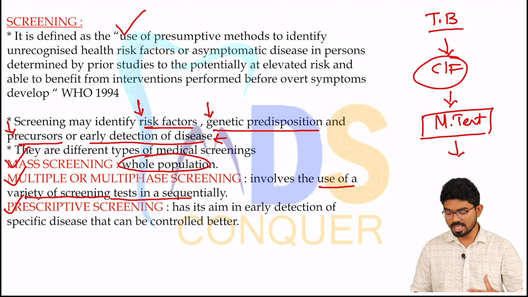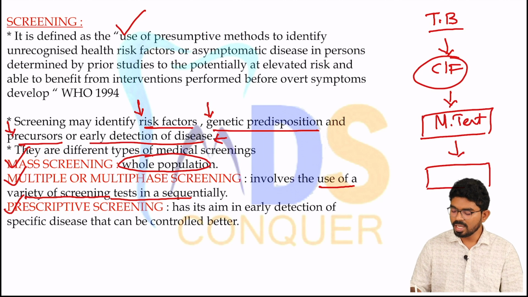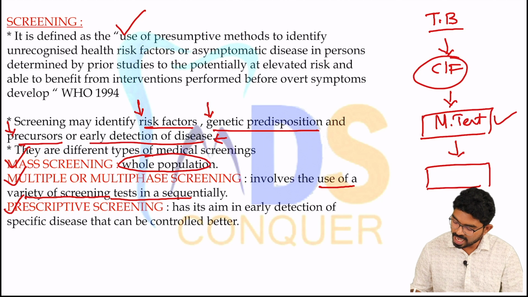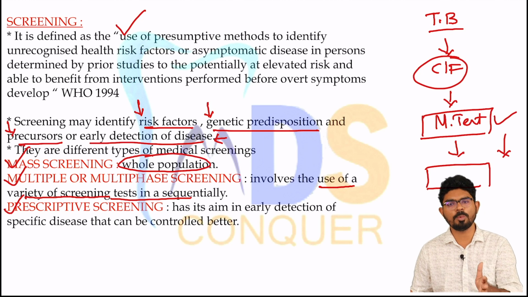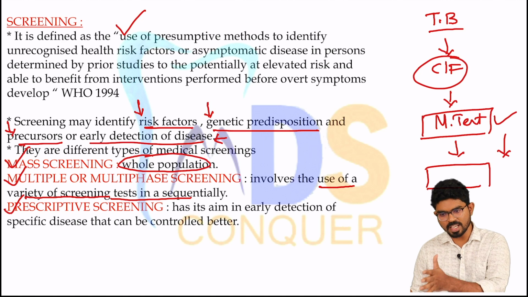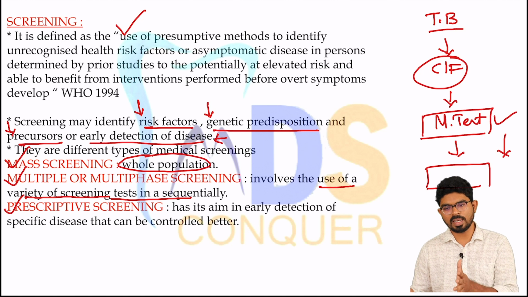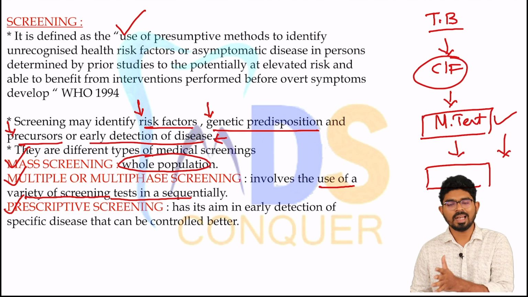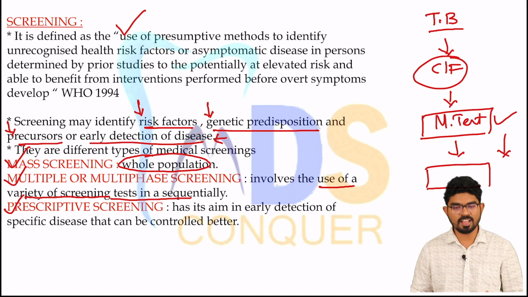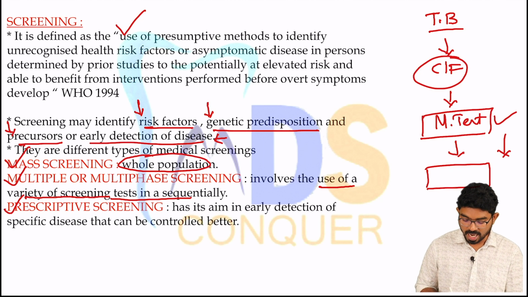This is how you move from the basic test to the high-end test, and this is done in multiple phases only in a particular group of people who move from one phase to the other. Once their test is positive, only the positive tested people will go to the next level. That is called multiphase or multiple screening. The next one is prescriptive screening technique.